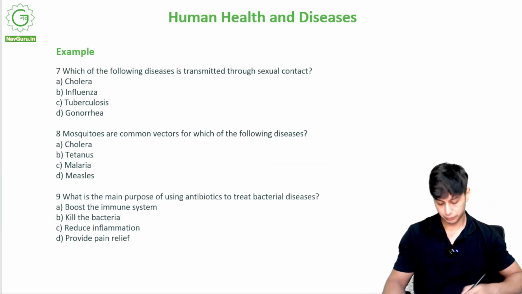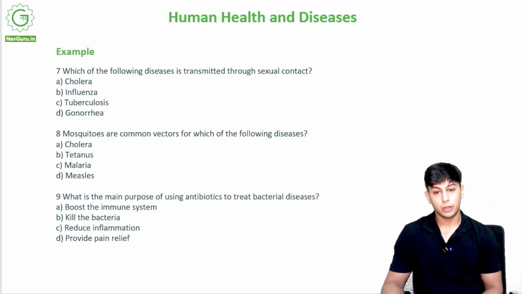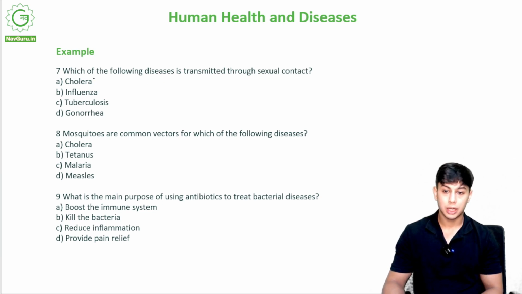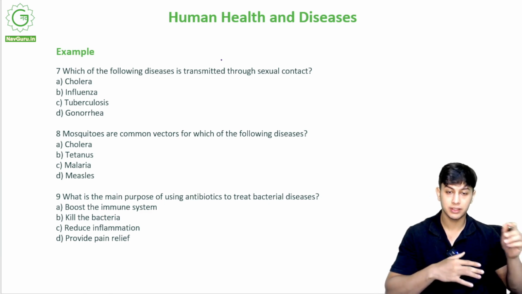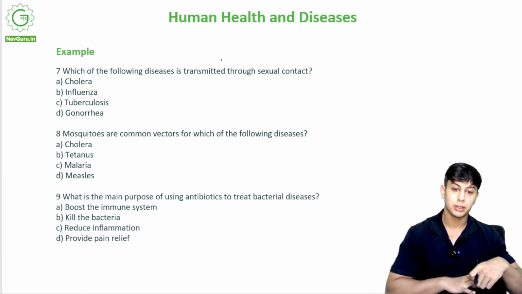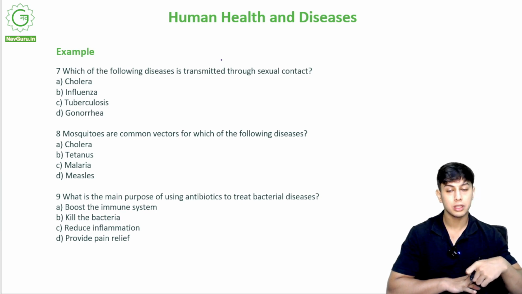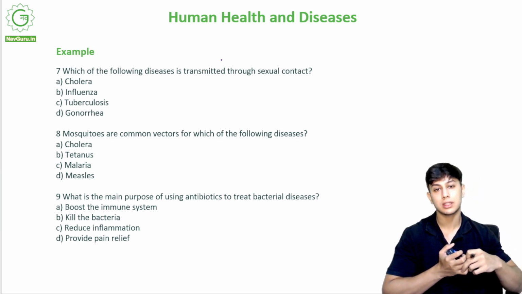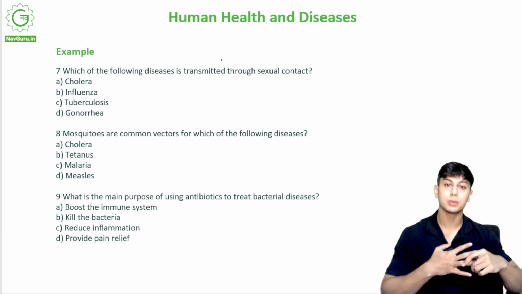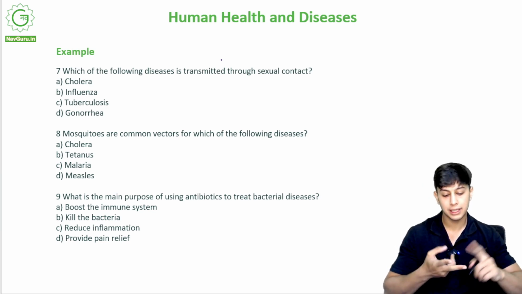Let's move now. Which of the following diseases is transmitted through sexual contact? Okay, so out of these, I told you to remember the names of the diseases under various sections. All right, because it is very important, because they can ask which disease is this, how is it transported, out of these which one is sexually transported, bacterially transported.